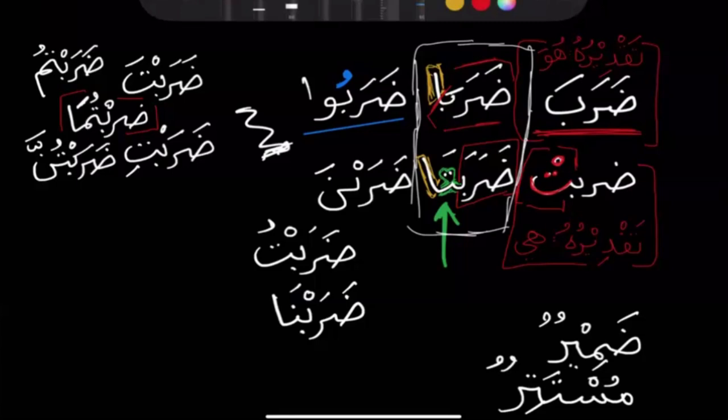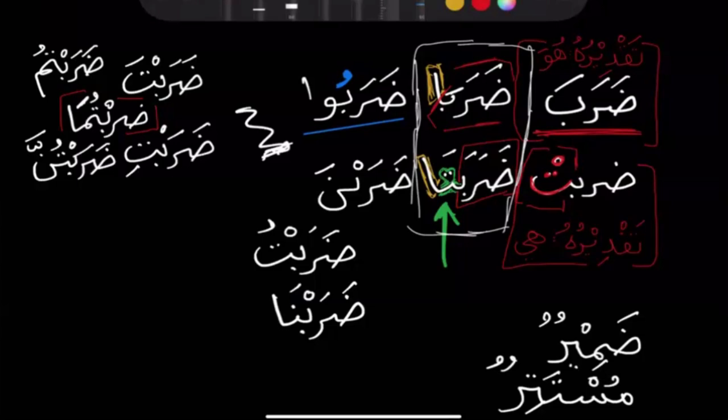If you don't need to, because you already have the wow there, you can just say darabu. If you did, you're going to be more emphatic, because you're saying the same thing twice. When you say hum and you say the wow, it's like saying the same thing twice. Hum darabu. So you're being emphatic. Huma daraba, huma darabata is emphatic.